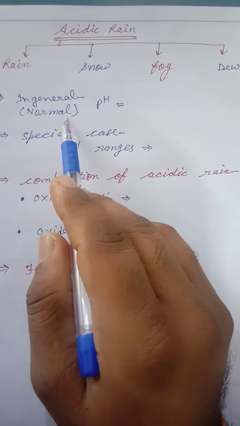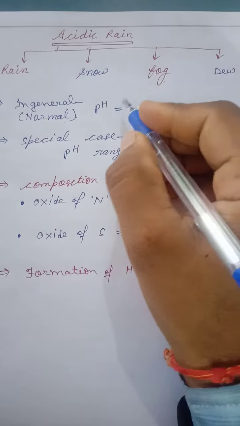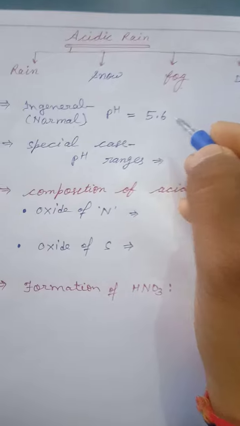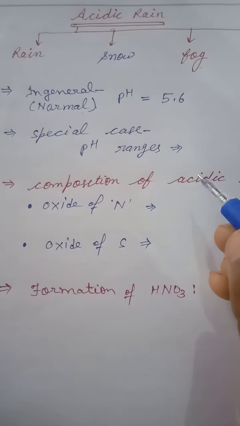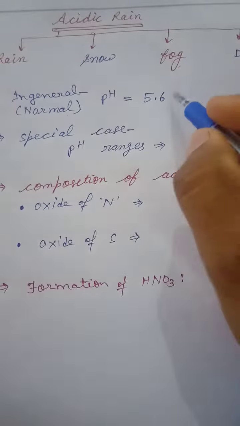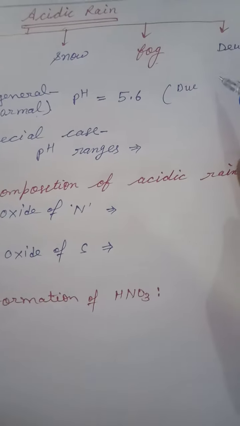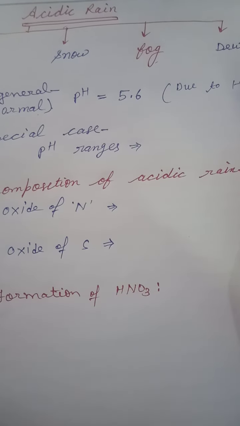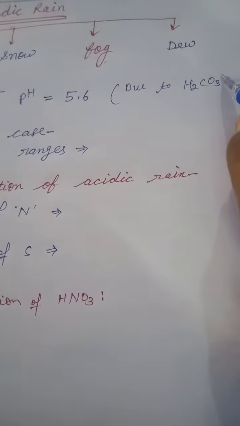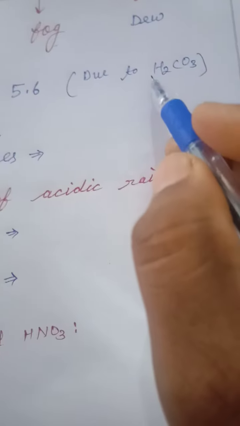Normally the pH of rainwater is 5.6 in a general way. This is due to the presence of carbonic acid, H2CO3. And how will this carbonic acid form?